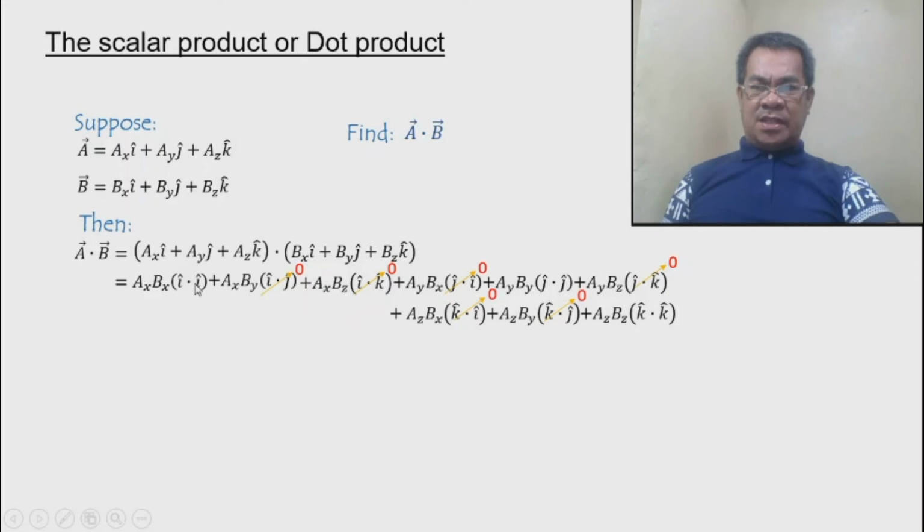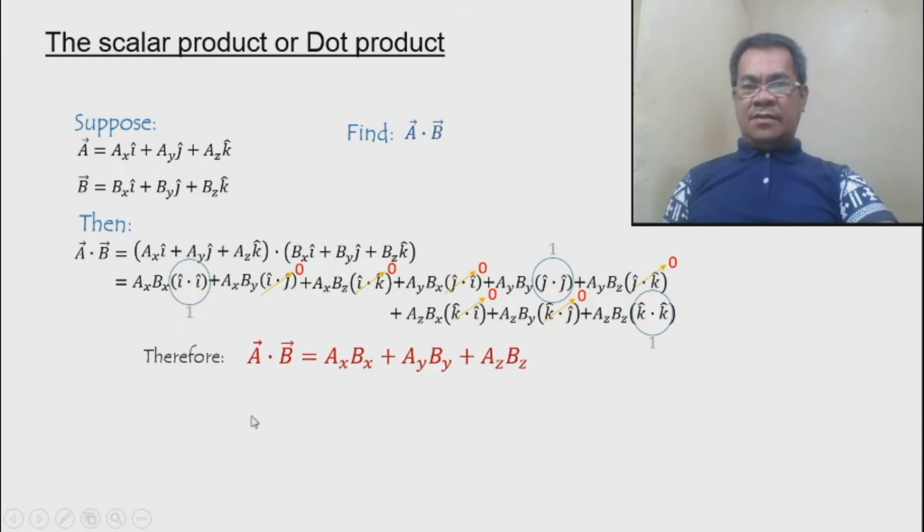So therefore, what is i dot i? This is 1. The 0 terms will be cancelled out. This one is also 1, and this is 1. So what will be the remaining values? We have ax bx times 1, and ay by times 1, and az bz.